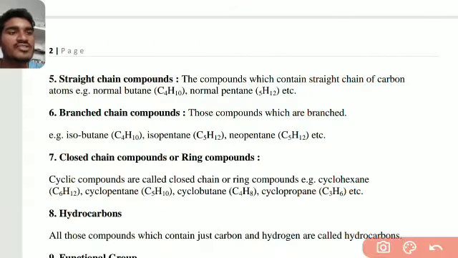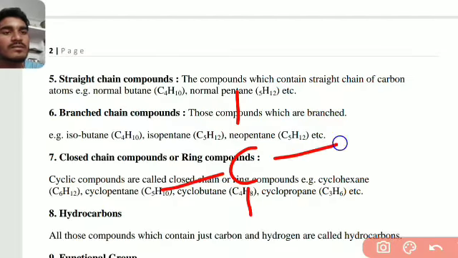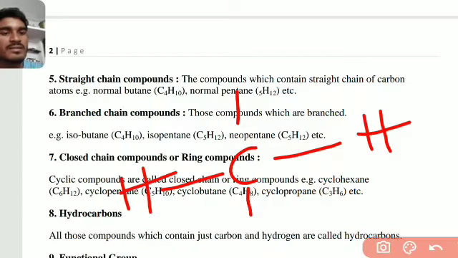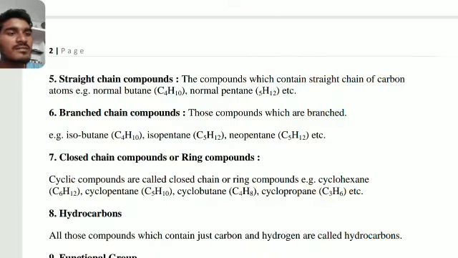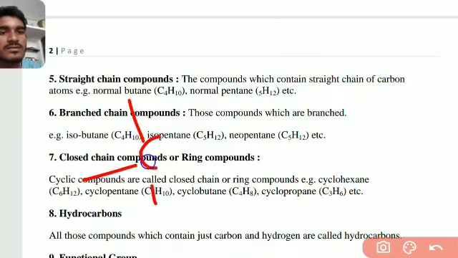Next, branched chain carbon. Those compounds which are branched, meaning isobutane and neopentane. Here you can take methane also, or it can be satisfied with other groups.